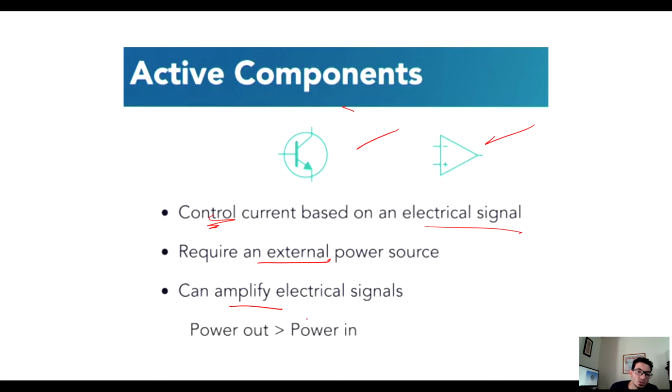For this case, there's something called gain, and this is one of the ratings of the transistor element. The gain is there to show that the power output can be larger than the power input at certain operational points.